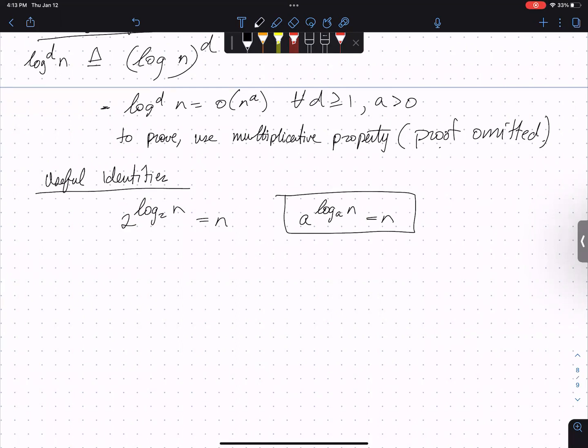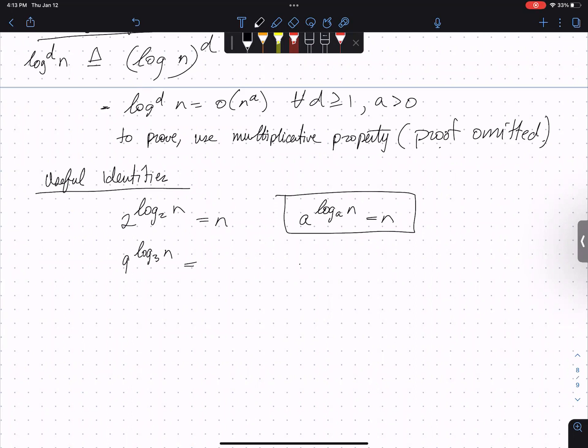Now, it could be that the base of the log is different. So what if you get 9 to the log base 3 of n? How many of you think it's an exponential function? How many of you think it's a linear function? How many of you think it's a quadratic function?